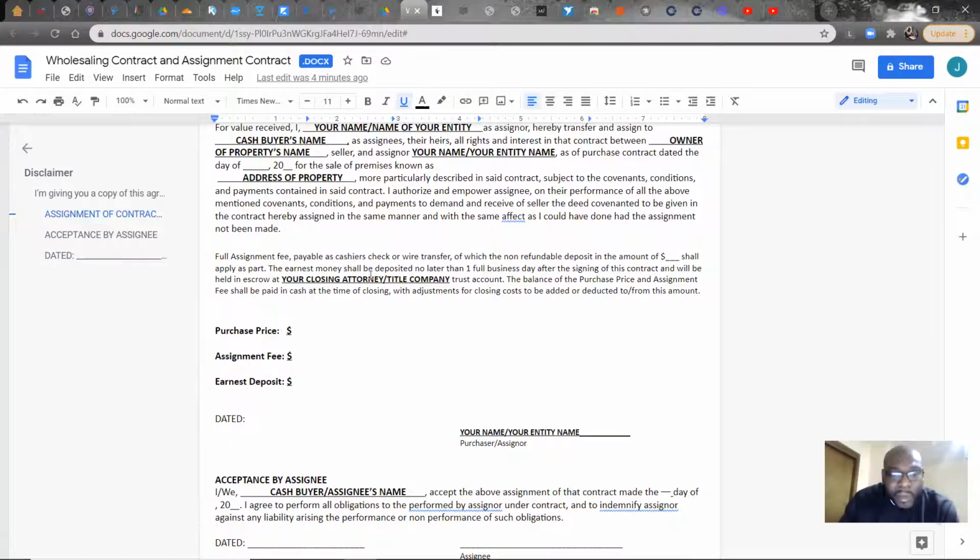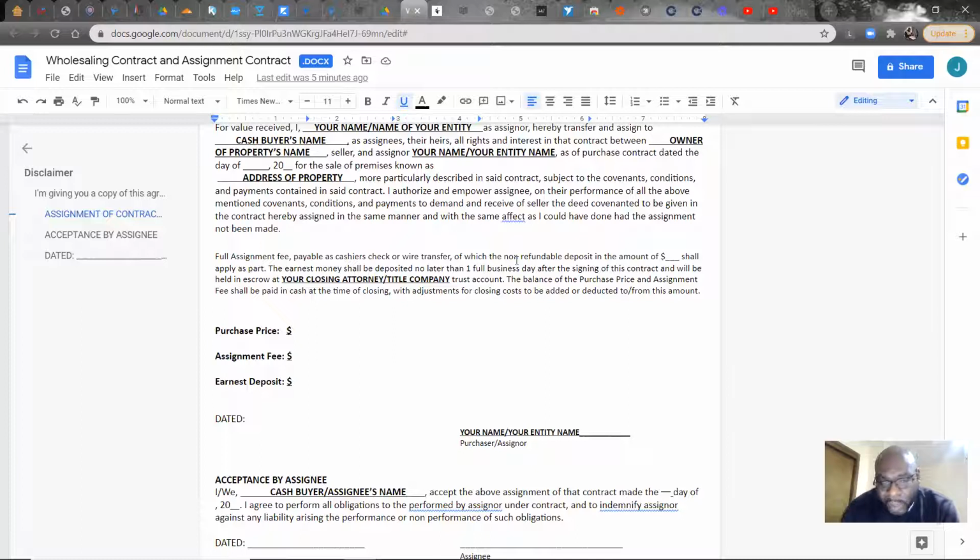For assignment fee payable as cashier's check or wire transfer, of which the non-refundable deposit in the amount of whatever you agree upon as non-refundable deposit. Now, see, when you sign this contract with the cash buyer, just like the contract that you have with the seller, it locks up the property.